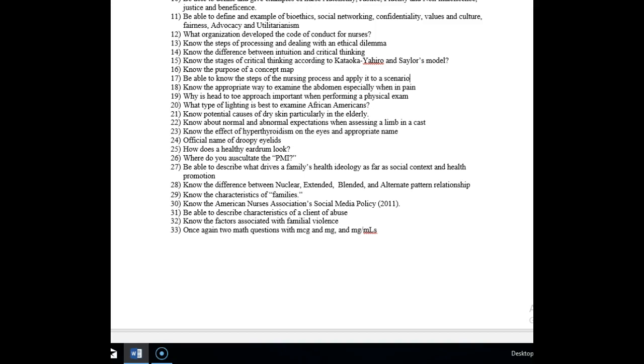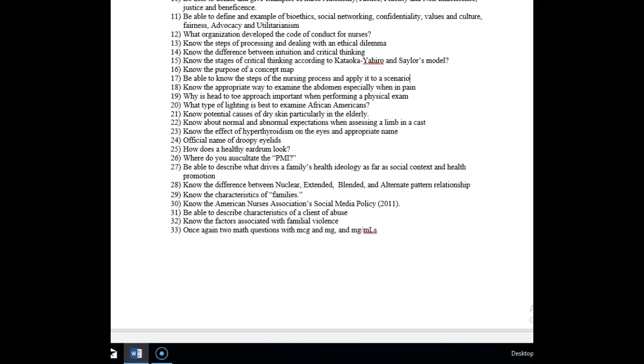So, let me see. Know the effect of hyperthyroidism on the eyes. Remember I was telling you about a person with Graves' disease, who may have hyperthyroidism. Now, this is just things that I'm throwing in there so that y'all can start slowly knowing some of these different definitions and what they mean.